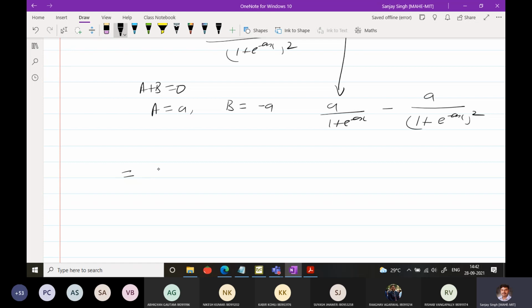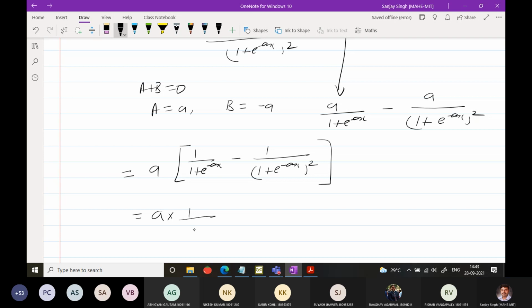If I take the constant a, 1 over 1 plus e to the minus ax minus 1 over (1 plus e to the minus ax) whole square. Now, if I take this entire thing as common, a over 1 plus e to the minus ax, then it becomes 1 minus 1 over 1 plus e to the minus ax, just only this much.